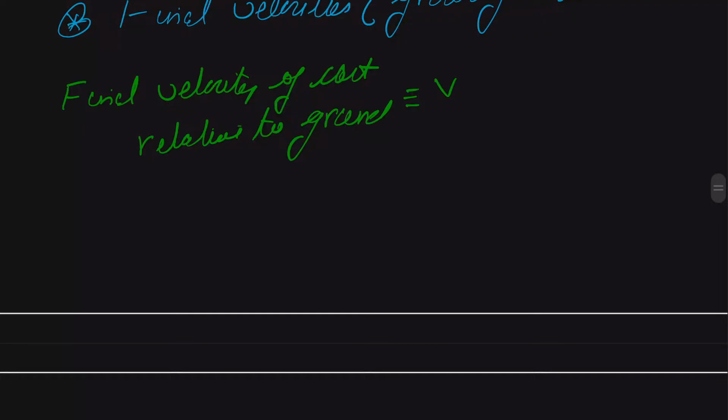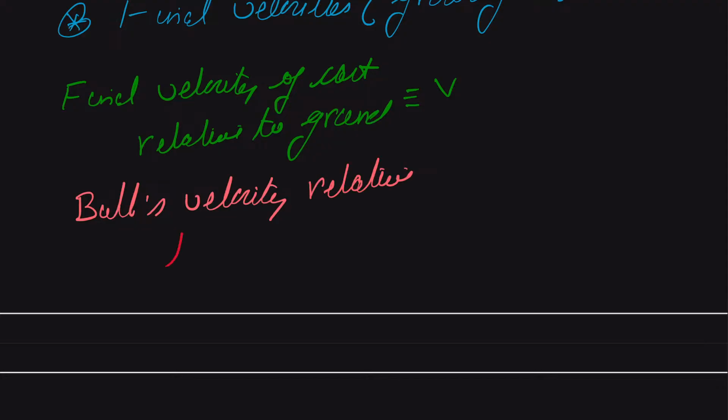So we can say that the ball's velocity relative to the cart is given to us as vB. Now we can find out the ball's velocity relative to the ground.